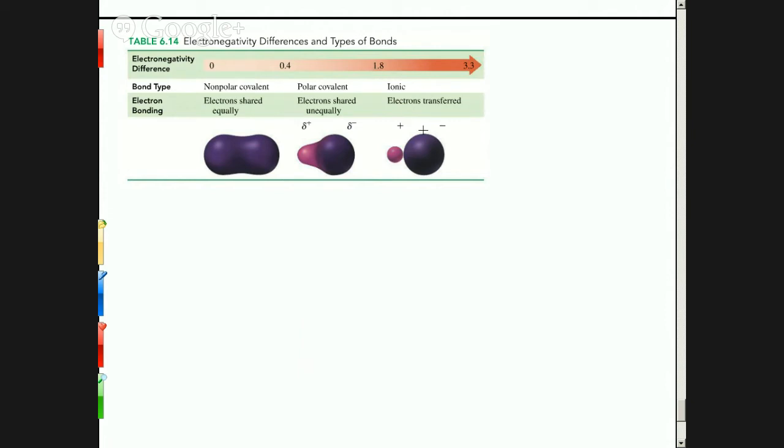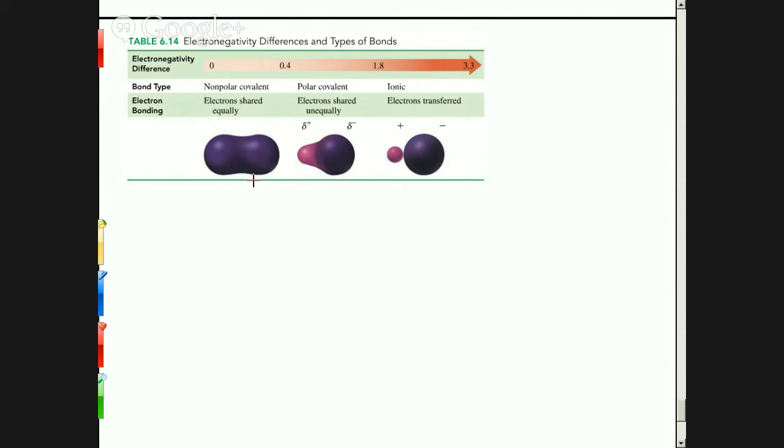So when we have a huge difference in electronegativity, the electrons are entirely on one side and not on the other side, and we call that ionic, meaning that the electrons are completely segregated. And then on the other side, we have a non-polar covalent when they're evenly shared, like hydrogen, hydrogen. And then everything in the middle, above about a 0.4 difference, is considered a polar covalent bond. So that's still covalent, it's still shared, but it's shared unevenly.